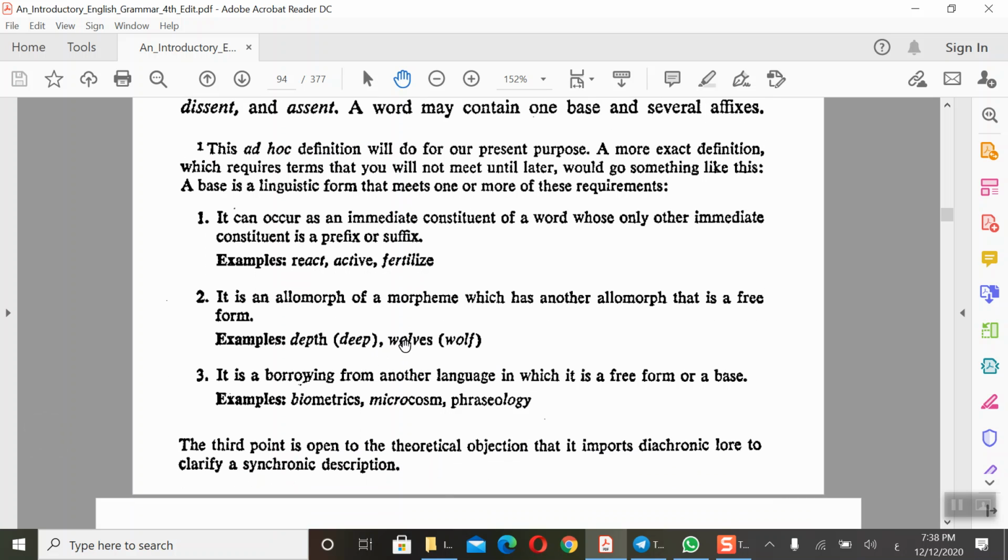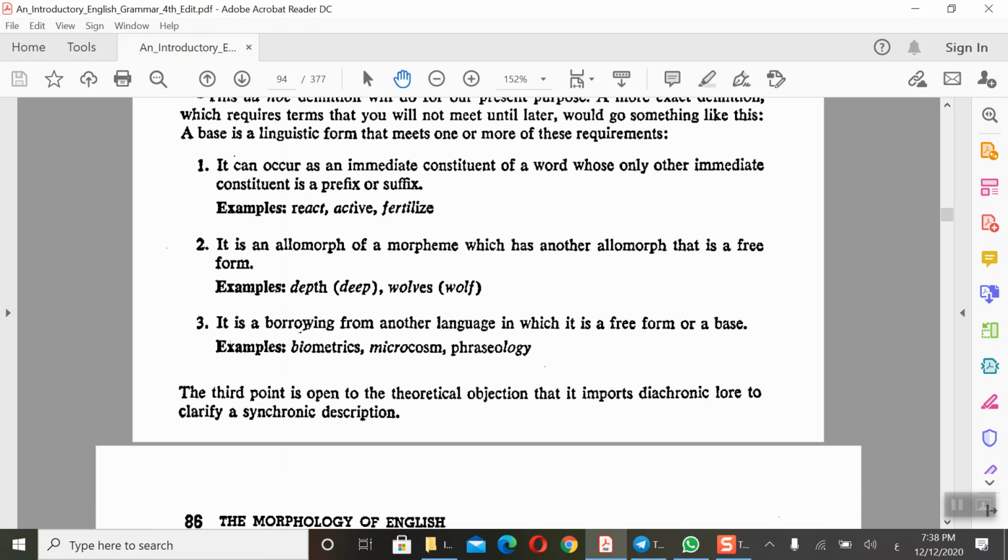It is an allomorph of a morpheme which has another allomorph that is a free form. Depth, deep. Wolf, wolf. It may be borrowing from another language, okay? In which it is a free form or base. Biometrics, macrocosm, phraseology. You see here?